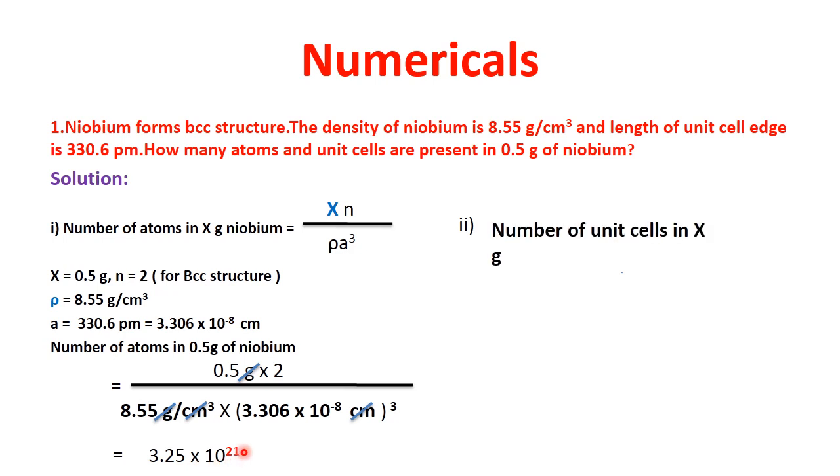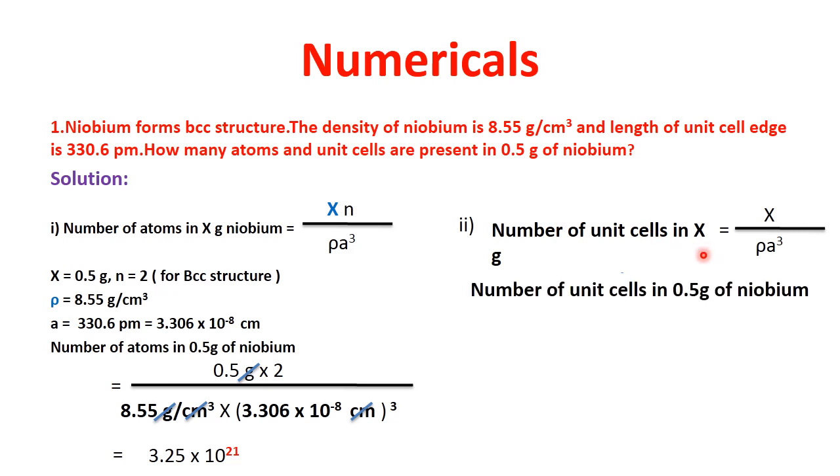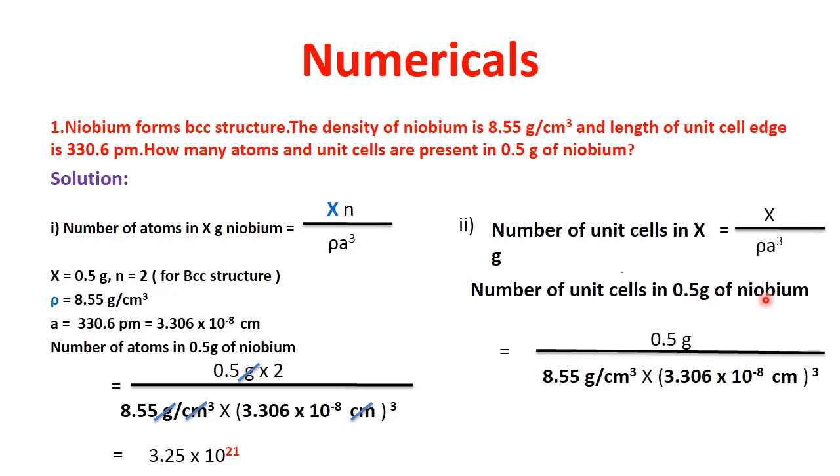Now we will determine the number of unit cells in X gram of niobium, which is equal to X divided by rho a cube. This formula we are going to use for determination of the number of unit cells in X gram of niobium, and therefore the number of unit cells in 0.5 gram of niobium is equal to 0.5 gram divided by 8.55 gram per centimeter cube into (3.306 into 10 raised to minus 8 centimeter) cube of whole this value.